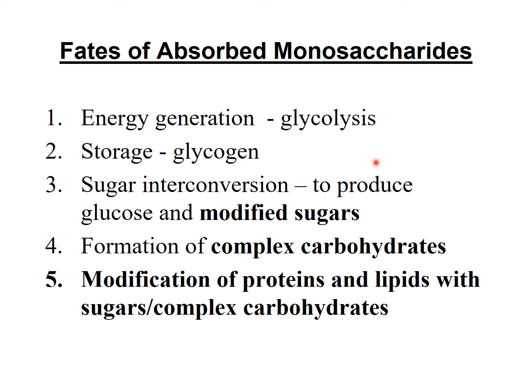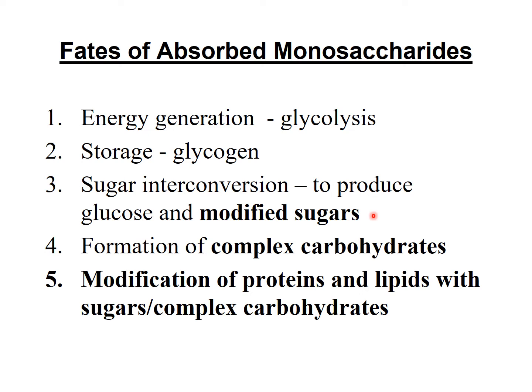What you learned until now is that we eat carbohydrates, of course, the monosaccharides are absorbed, and these monosaccharides can be used for energy generation in every cell, majorly glucose or the others that are turned to glucose in glycolysis, and we can store that polyglucose away in the form of glycogen. You also learned a little about how sugars can be interconverted through the glycolytic and gluconeogenic pathways, and that we can modify these particular sugars.